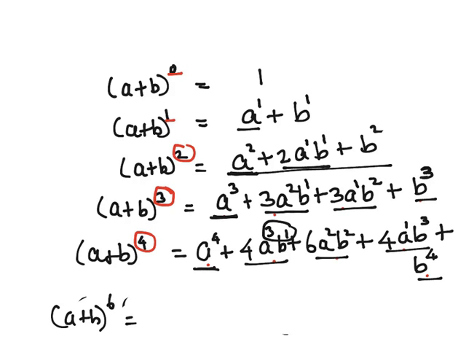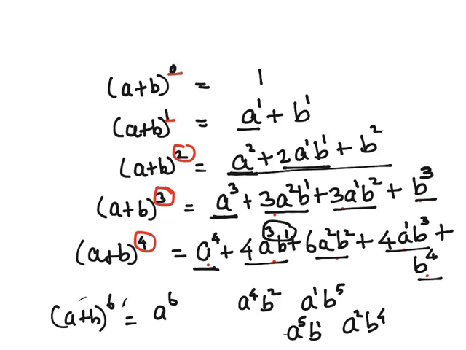So (A plus B) whole power 6 will start with A power 6, right? And the terms will look like A power 4 B power 2, A power 1 B power 5, A power 5 B power 1, A squared B power 4, and B power 6. As you can see, when you add up the powers, you will get 6 as the answer. So this is another thing that we have noticed.